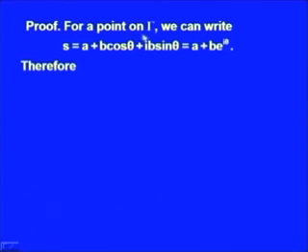Now, for a point on gamma we can write s equal to a plus b e to the power I theta, or a plus b cos theta plus I b sin theta, because gamma has center at the point a and its radius is b, and theta here varies from pi by 2 to 3 pi by 2.